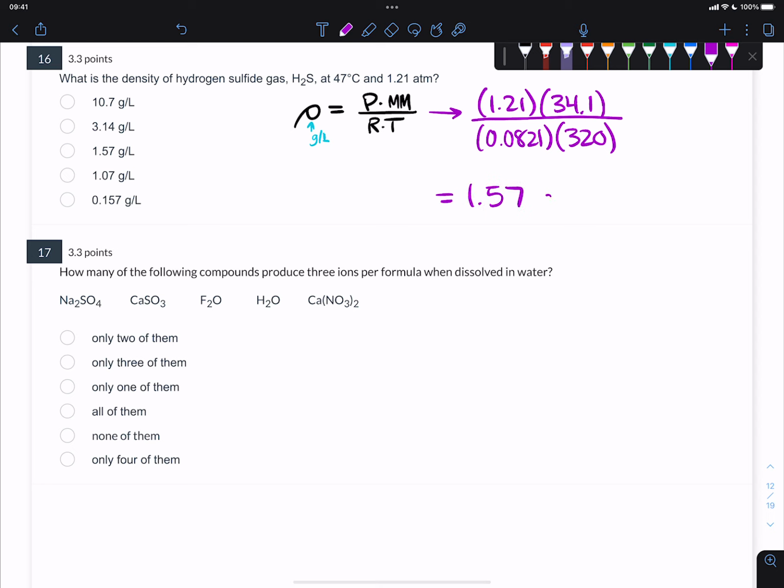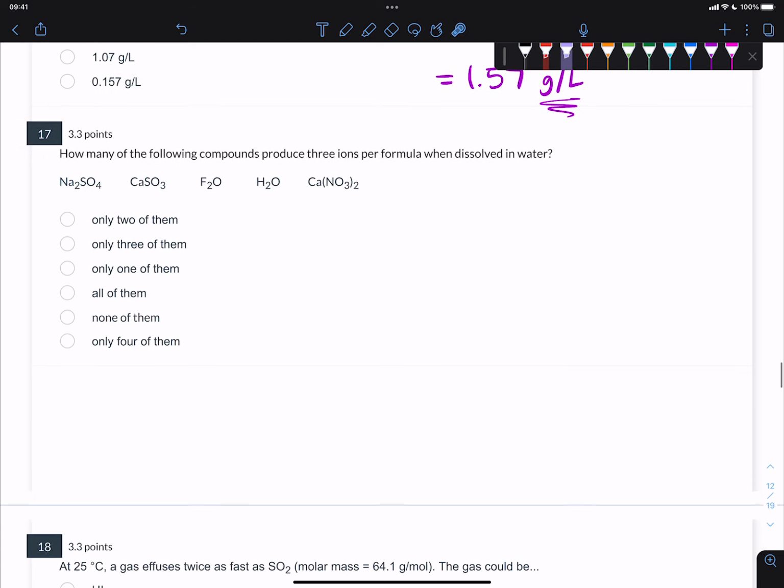So about 1.57 grams per liter. Remember, those are going to be your derived units for the density of a gas under non-standard or standard conditions. In this case, we have non-standard conditions. Notice how the temperature and the pressure are not standard. So that's why this equation is useful.